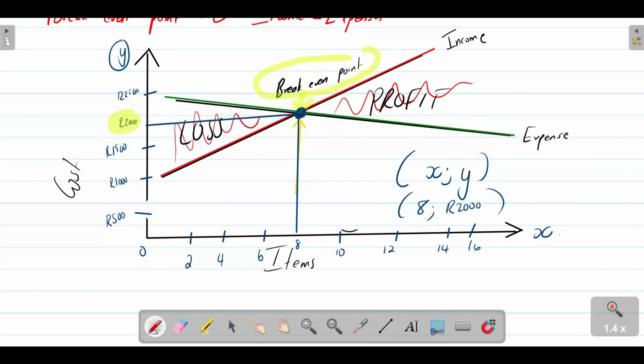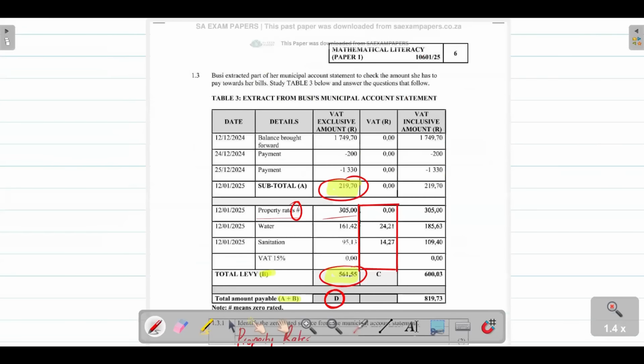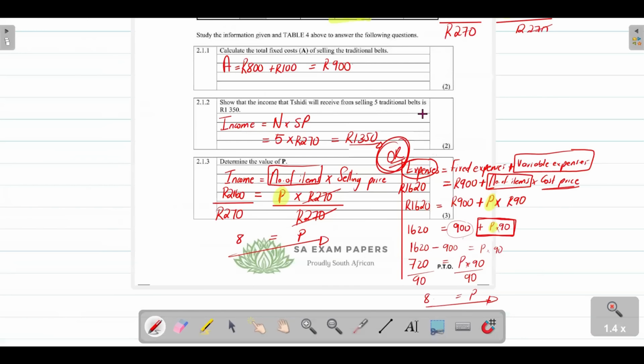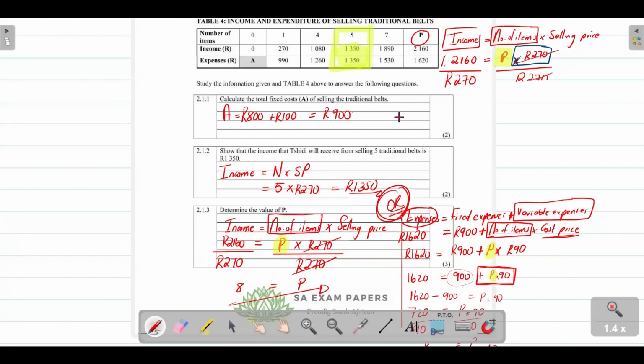So even though we're not really given graphs that have been plotted on our Cartesian plane, same thing here: the number of items is always plotted on the x-axis, and the income and the expenses, which is the cost, is always plotted on your y-axis.